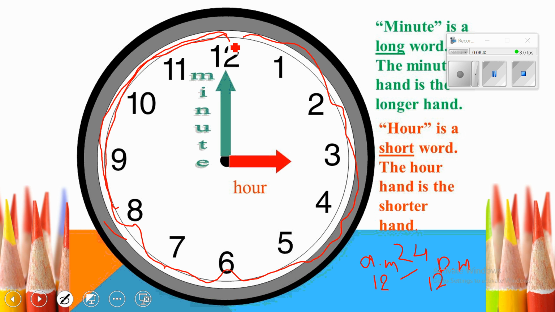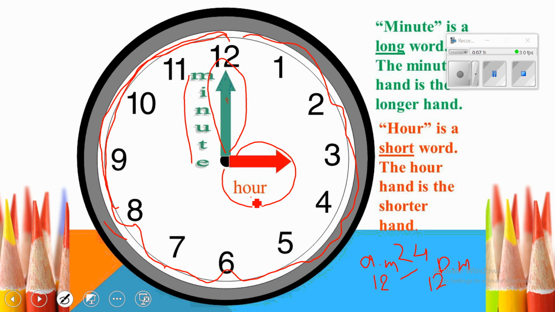Let's focus on our mother and father. I told you mommy is the red one and daddy is the green one. Now, because the word minute is so long, that's why its hand is long.